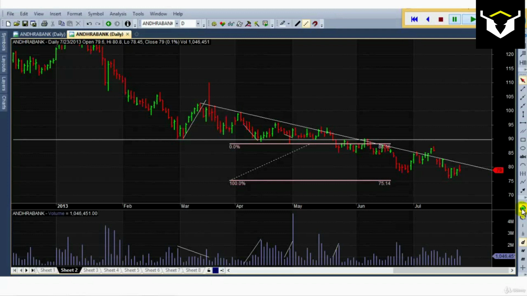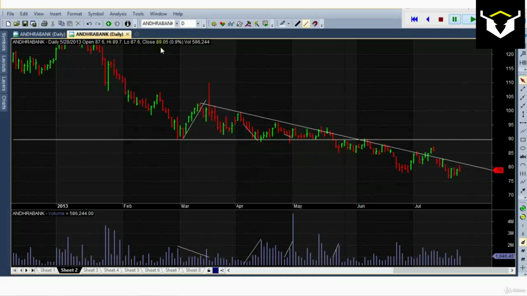If we analyze the price movement with volume, it suggested that prices are stronger on the downside as compared to the upside. Breakout was made on heavy volume, and you can see prices pulled back to the trend line.